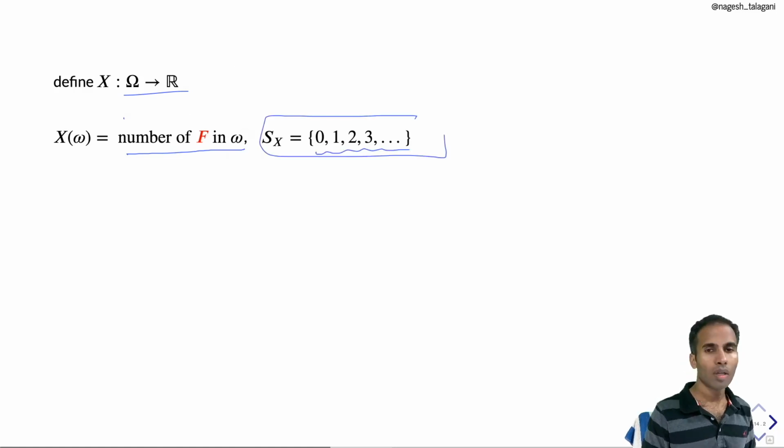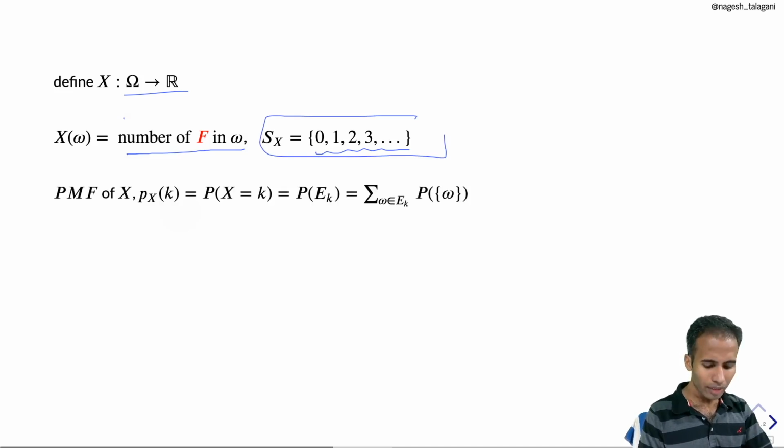So now let's find the PMF of X. P_X of k equals the probability of X equal to k. X takes the value k if and only if the outcome comes from event Ek, because only outcomes in Ek have exactly k failures, right? So the probability of X equal to k is going to be the probability of Ek.